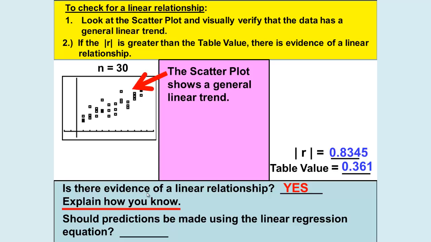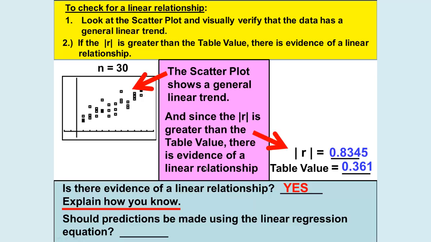Well, the explanation is twofold. Remember, we have 2 steps to check for a linear relationship, and we must do both. The scatter plot shows a general linear trend, and since the absolute value of R is greater than the table value, there is evidence of a linear relationship.